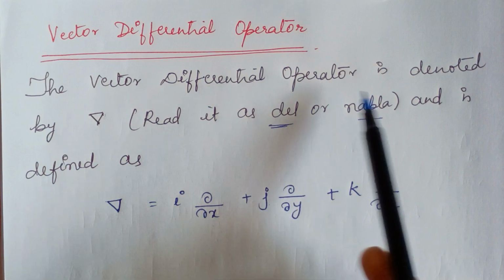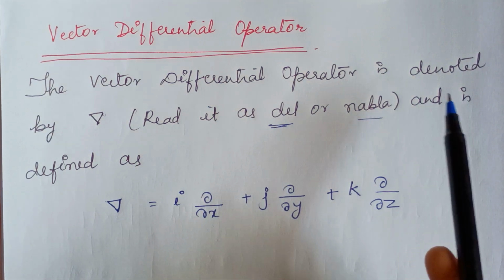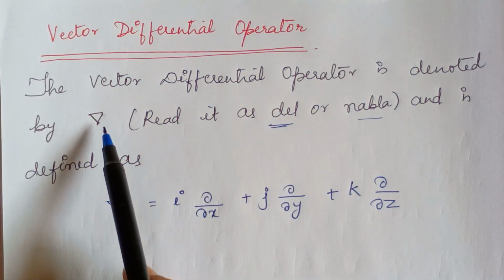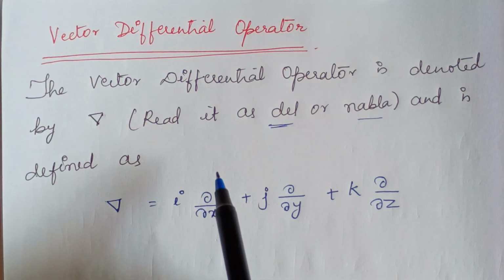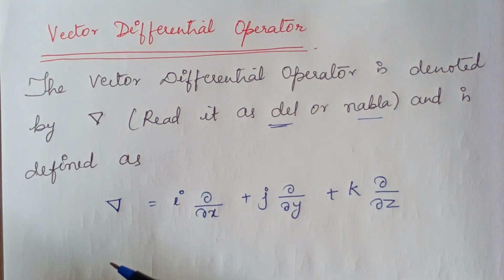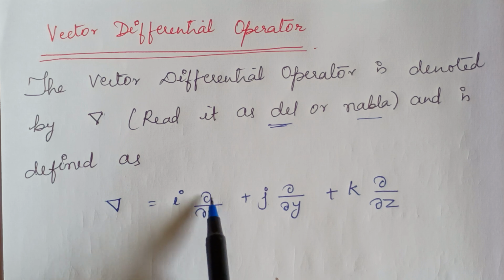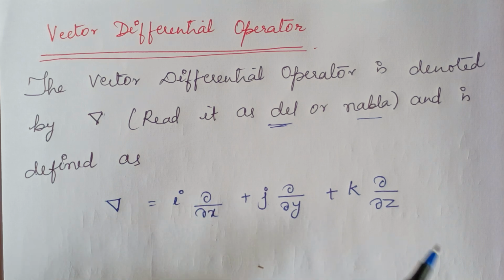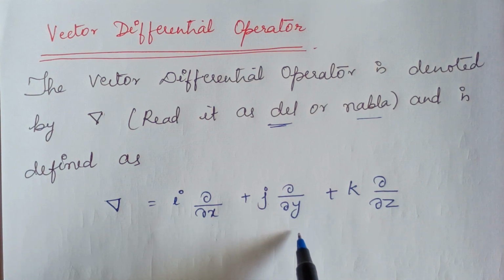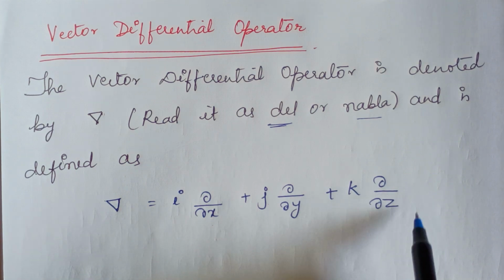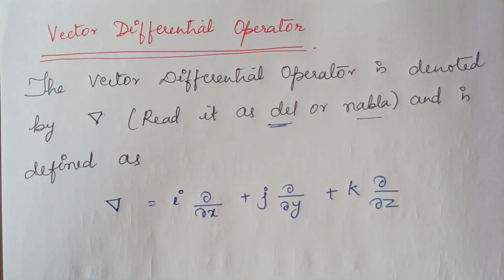The vector differential operator is a symbolic vector that operates on a scalar or vector field. It operates on both, and it is written as del equals i times partial by partial x, plus j times partial by partial y, plus k times partial by partial z.